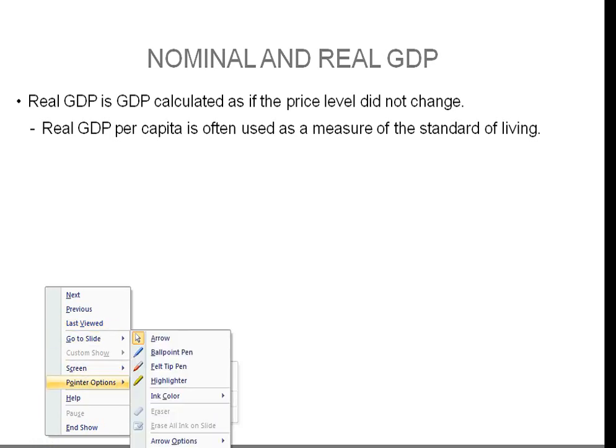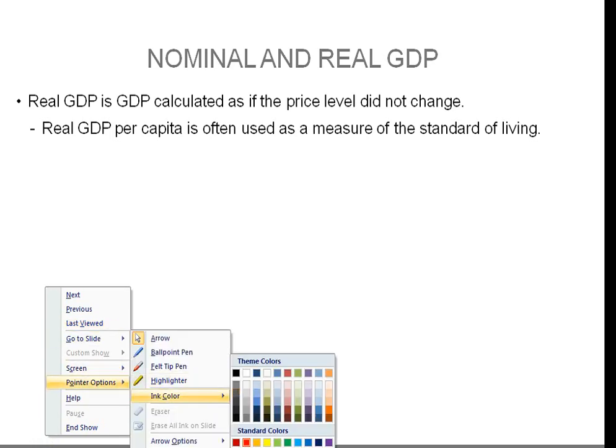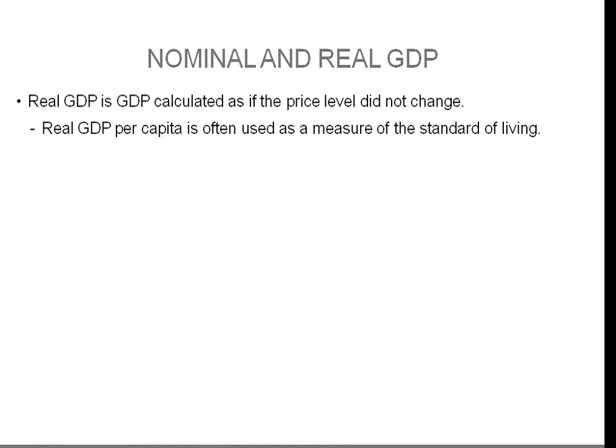For example, we have quantity produced multiplied by price, and this is the summation of Qi times Pi. So this is the formula to calculate GDP.